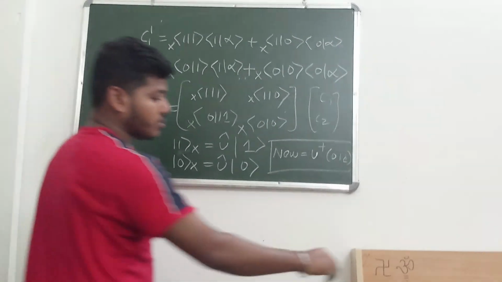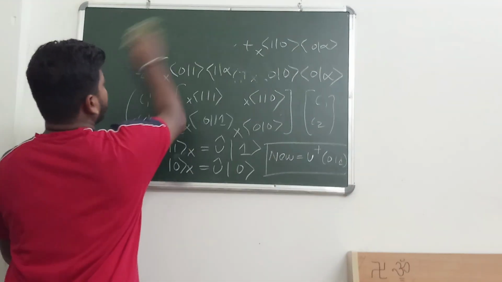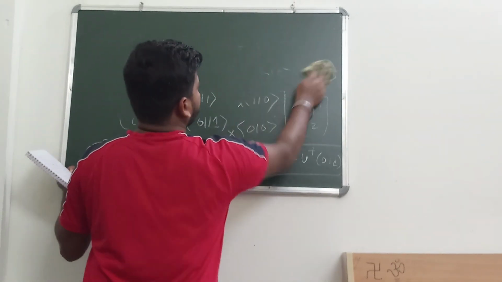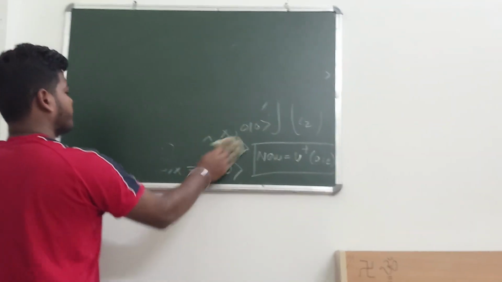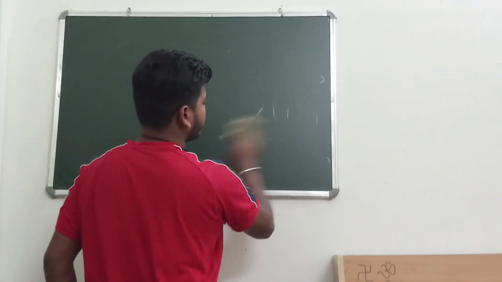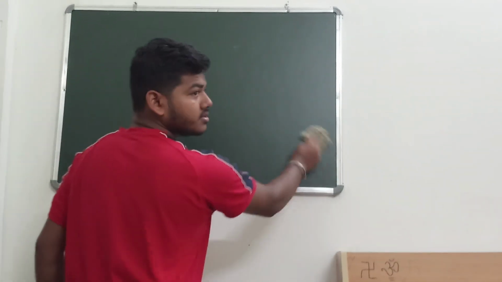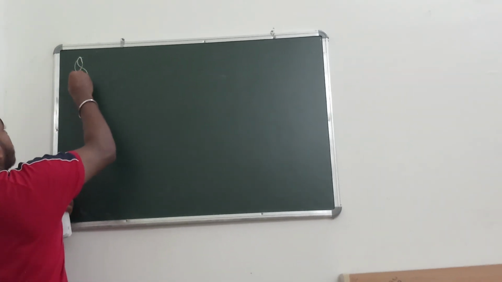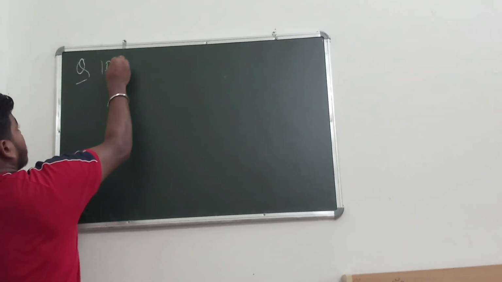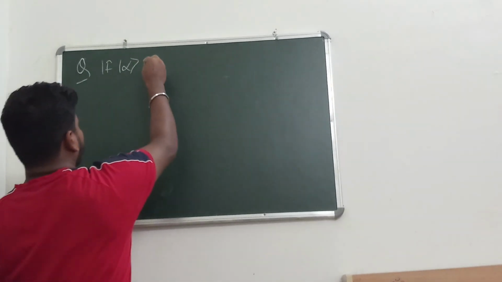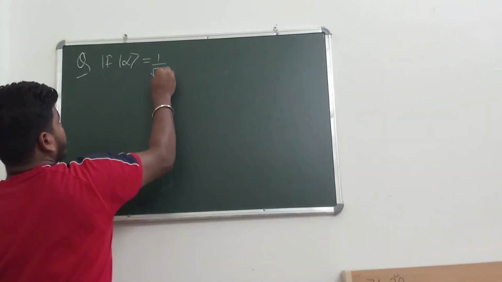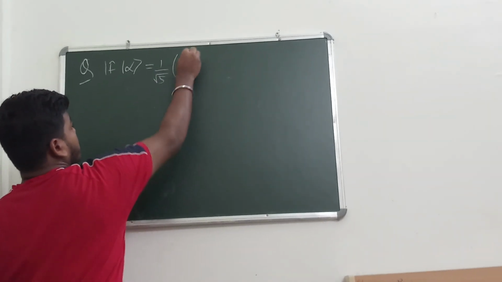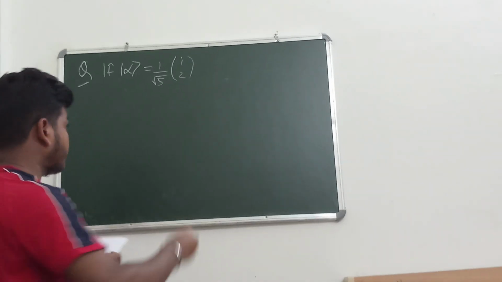Now I am writing a question based on our theory, Sx basis and Sz basis. So one question: if alpha is equal to 1 by root 5 i 2, and this is in Sz basis.